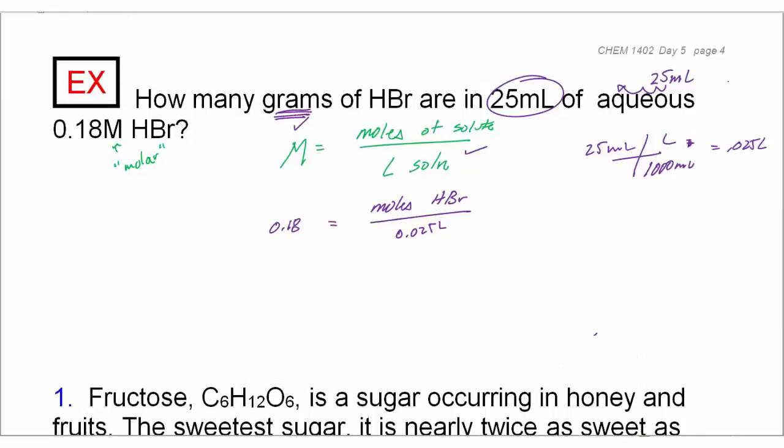So we have 0.18 times 0.025, 4.5 times 10 to the negative 3. So now we just have to convert that into grams. And we'll have our answer.